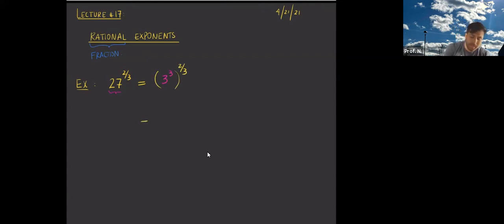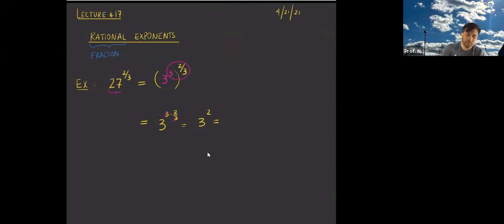And now what do we know about powers of exponents? When you have a power raised to a power, you have to multiply the exponents. So what do I get? I get 3 raised to the 3 multiplied by 2/3. Do you see that? So I multiply 3 and 2/3. And when I do so, the 3's cancel, and I'm left with 3 squared.